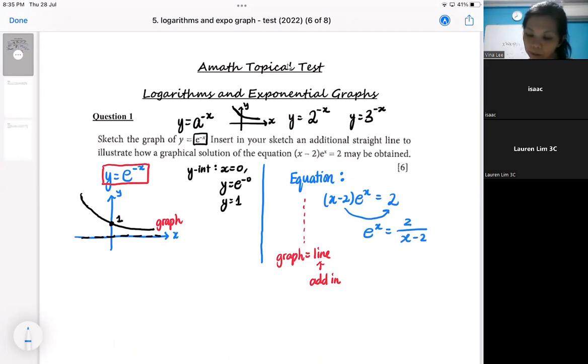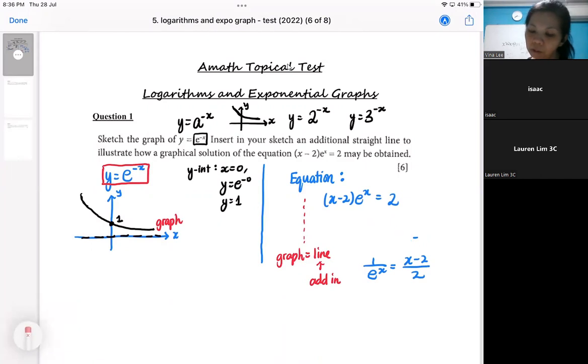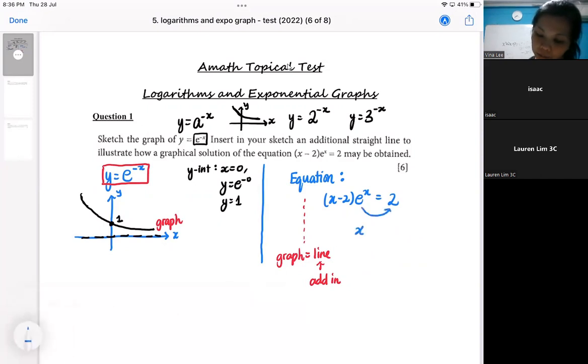I can flip over: I flip the left side, I also flip the right side. It's your choice. Or if you find it a bit difficult, maybe we can do it this way, which may be easier.